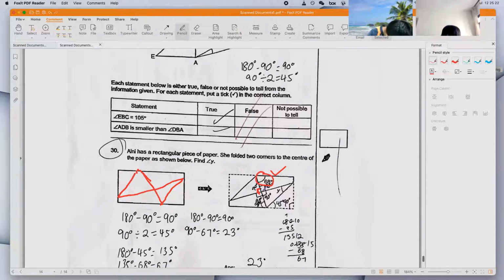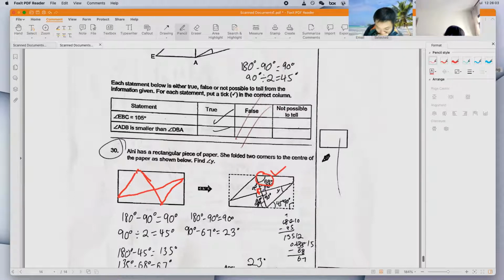To the center. This side also fold to the center.